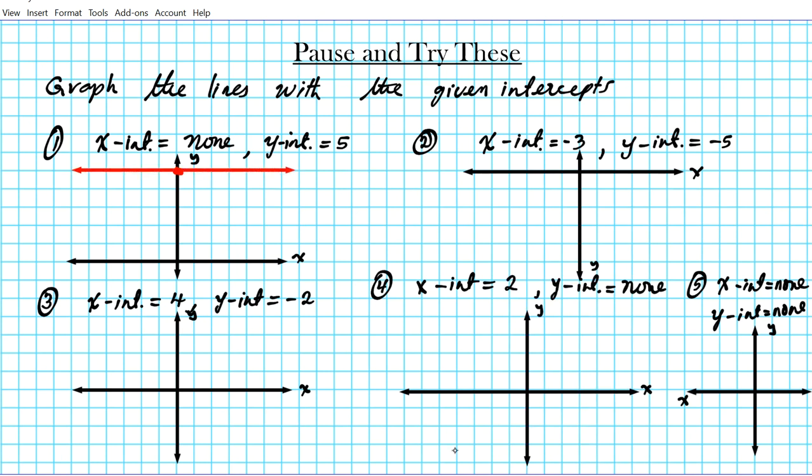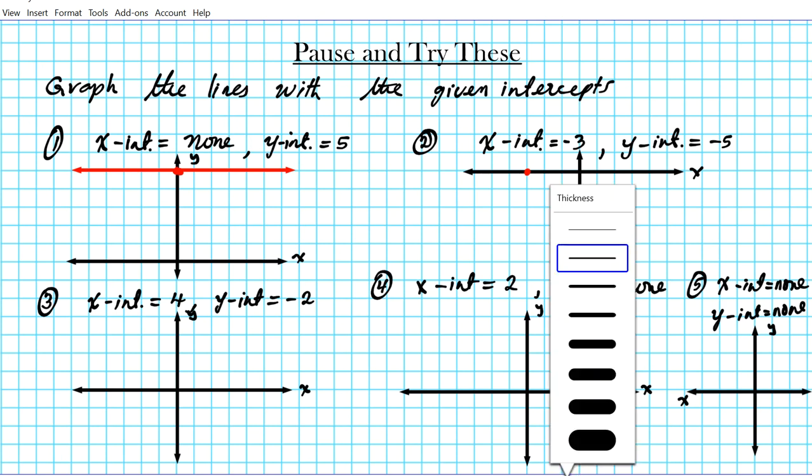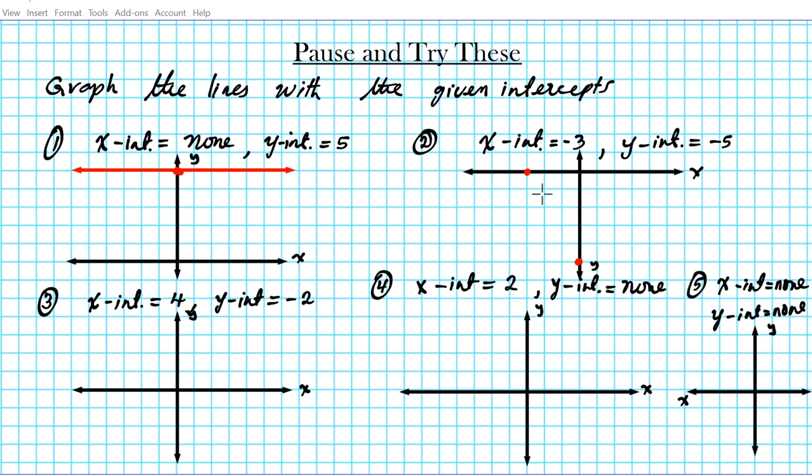Moving along. So for number 2, x-intercept is -3, 1, 2, 3. Y-intercept is -5, 1, 2, 3, 4, 5. Okay. And then let's go ahead and draw the line. So it's the line through these 2 points right here. Bam, like that.